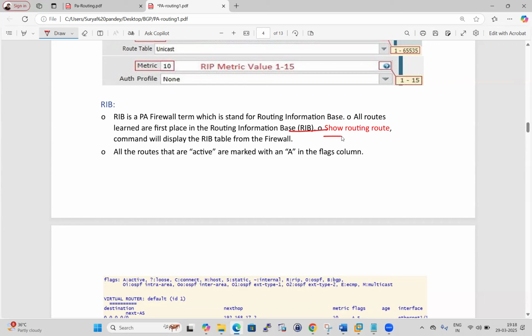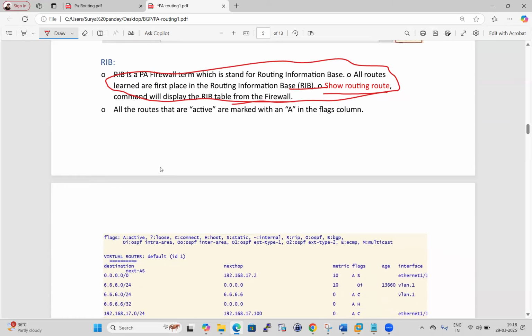We can use the command show routing route to display the routing information table from the firewall. It is very, very important to understand the RIB. The routing information base is like a database, maintaining all the entries related to routing, whatever is directly connected and whatever is learned from different routing protocols. So that is about the RIB, the routing information base.